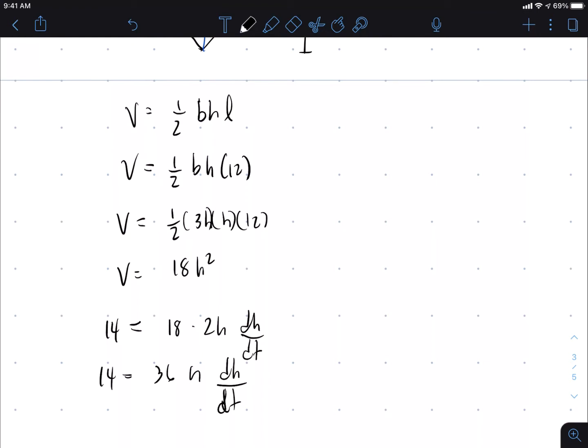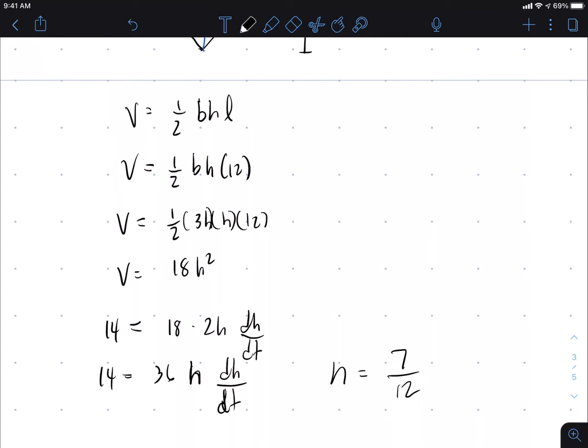Now, in my problem, it told me that the depth of the water was 7 inches. But I can't have 7 inches plugged in for h. I have to have it in terms of feet because everything's in terms of feet. You have to keep your units the same. Does that make sense? So then my h is going to be 7 over 12.